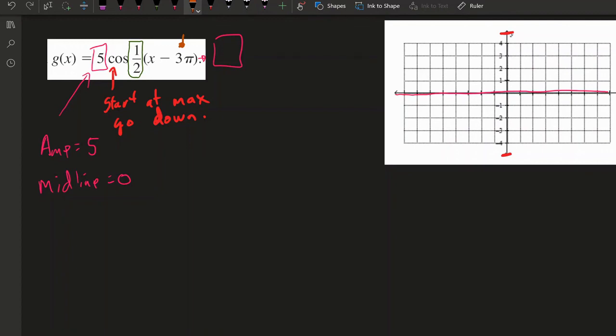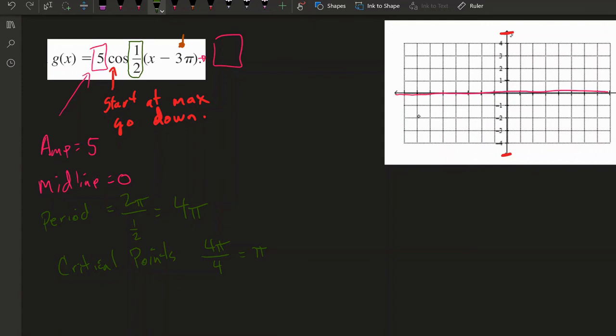So that means that my period is 2 pi is the parent period, divided by 1/2 is 4 pi. Which means my critical points happen every 4 pi divided by 4 is pi. That's easy enough.